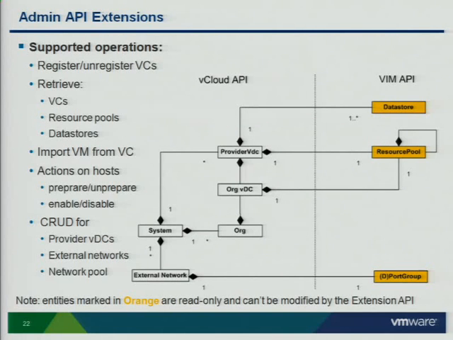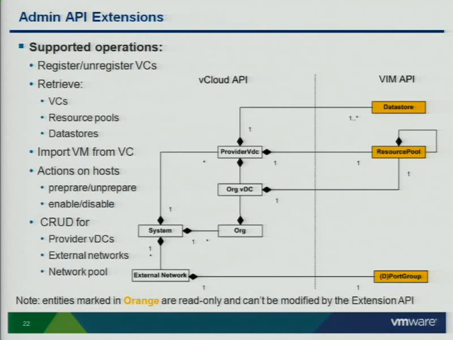And here on the slide, you can see the relationship between the objects and entities that we have in vCloud Director and the entities and objects that we have in vSphere. Respectively, there is a match between the vCloud API and Vim API objects. Provider VDC, for example, is created from multiple data stores and one resource pool.